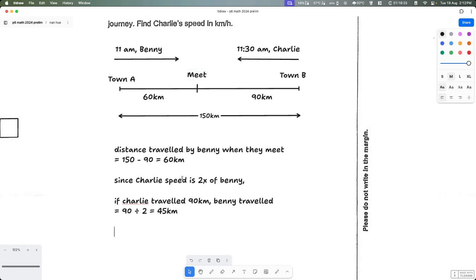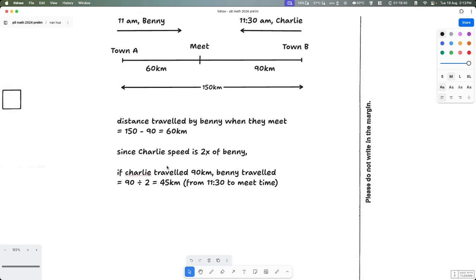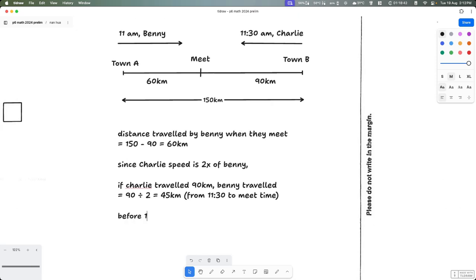So since then, that means from 11:30 to meet time, right? Okay, so with that said, before 11:30, Benny traveled, because we know the time that Charlie traveled.